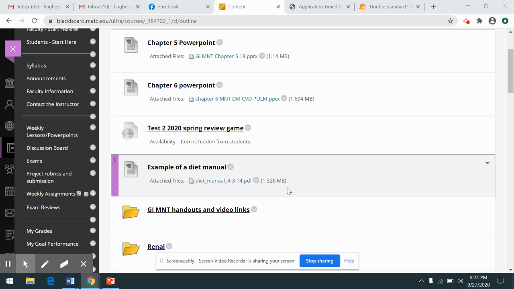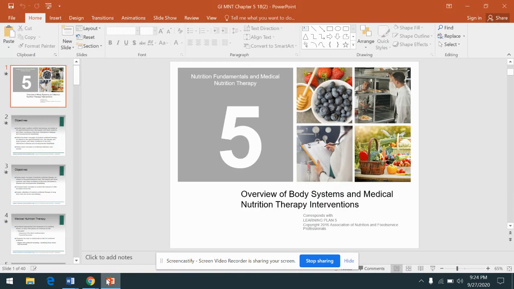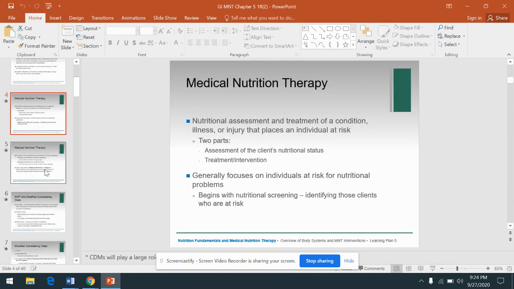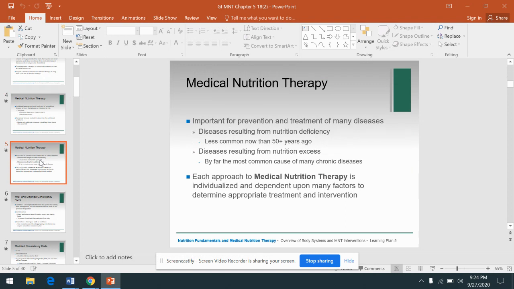Okay. So before we get into the different types of medical nutrition therapy, we're going to talk about what facilities need to do to provide medical nutrition therapy. Like we've talked about in chapter 1, we've gone from diseases that result in nutrition deficiencies like scurvy, beriberi, pellagra, now to diseases resulting from nutrition excesses.